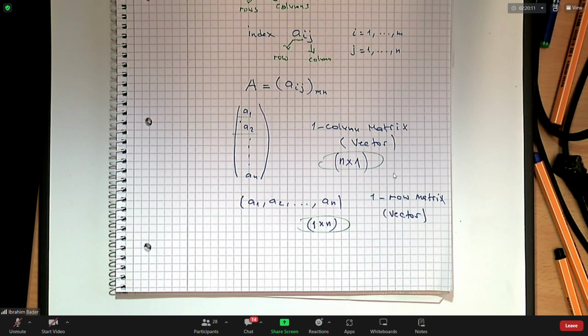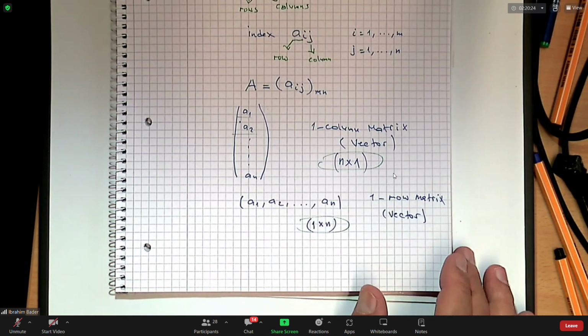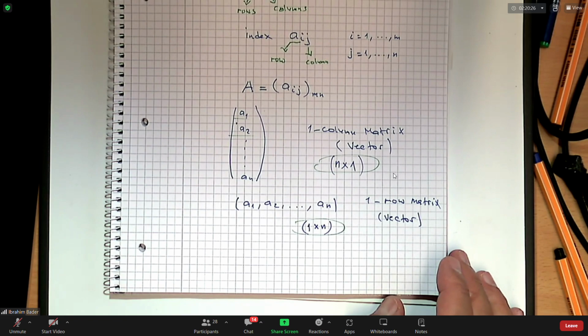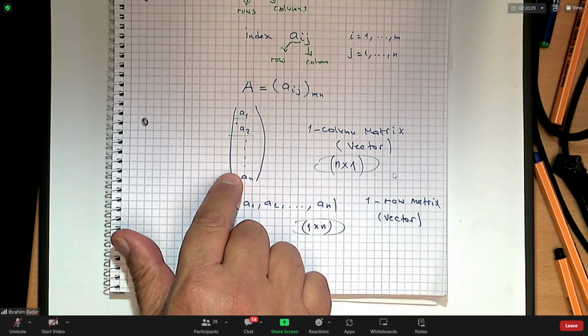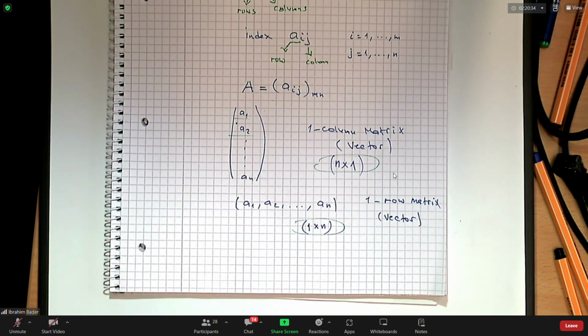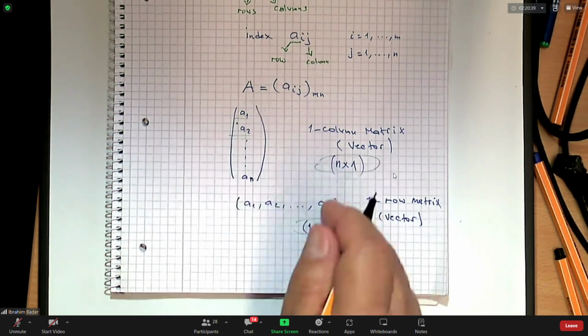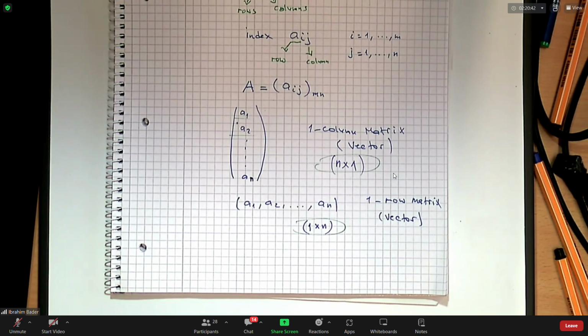Okay, so far, any questions? Yes? This one n. It has n rows and 1 column. Yes, vertical.